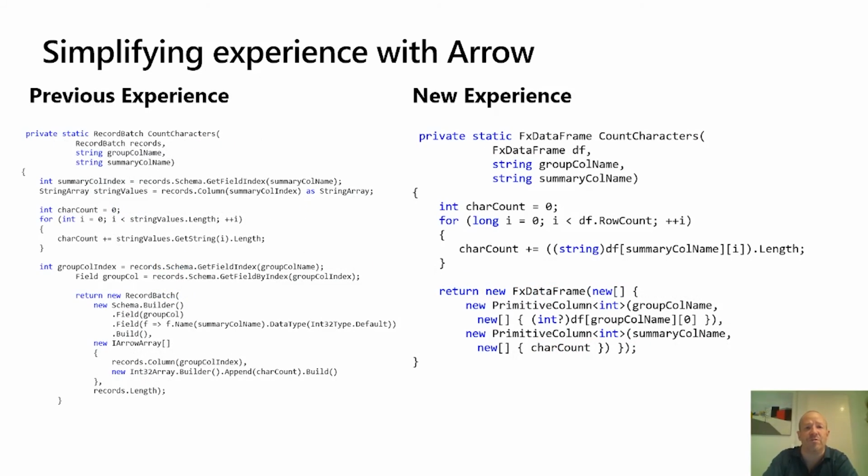Now, if you want to use Arrow, previously you would have to write fairly complex code with a lot of record schema, get field index, and data type conversions and all kinds of complex code. We actually improved that by giving you additional abstractions so that you can use an FX data frame in this context to actually use Apache Arrow and process your data efficiently.